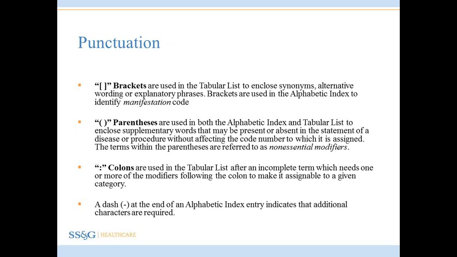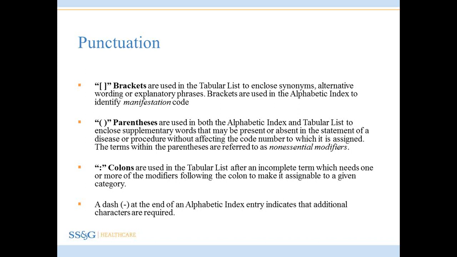There's punctuation, same as in ICD-9. Brackets are used in the tabular list to enclose synonyms, alternative wording, or explanatory phrases. Brackets are used in the alpha index to identify a manifestation code. So that's a good thing to keep in mind. Parentheses are used in both the alphabetic index and the tabular to enclose supplementary words that may be present or absent in the statement of a disease or procedure without affecting the code number to which it is assigned.